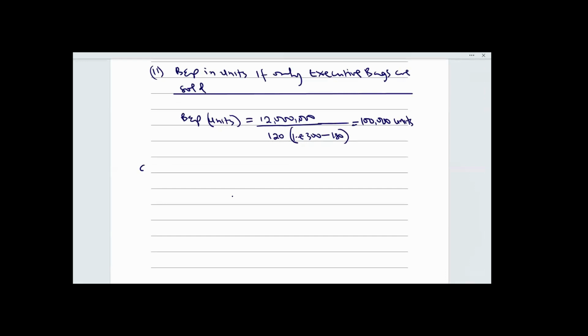So number C, Roman figure 1, revised budgeted profits.